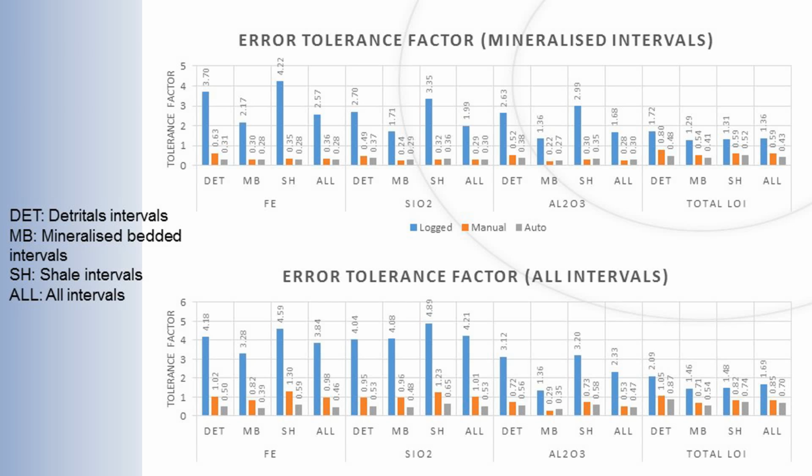Typically, if you're manually validating these intervals, you won't pay as much attention to them, because if you can see that it's low grade, it's probably not going to be sent off to the plant. So manually they will pay less attention to these. That's one reason why the manual validation error is slightly larger, for example down here, than it is for the mineralised intervals. But numerically, we can see that the auto-validator is still getting good results.